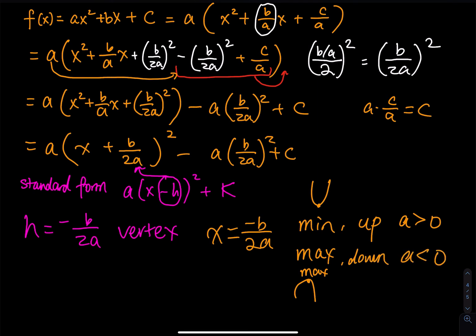So in order to determine whether it opens up or down, you have to read the given quadratic function. If a is positive, that is a minimum. If a is negative, that is a maximum. And then to find the location of the minimum or maximum, you let x equal negative b divided by 2a. That gives you the x coordinate of the vertex. And then to find the y coordinate, just simply plug it into the function.